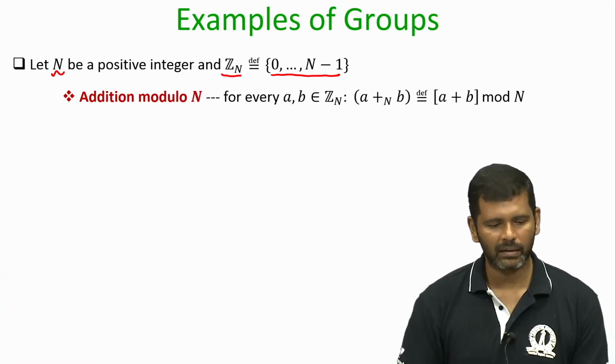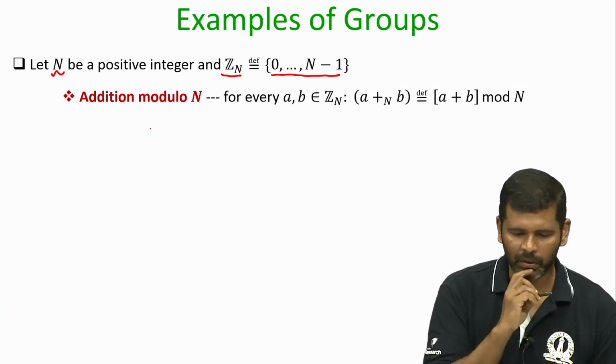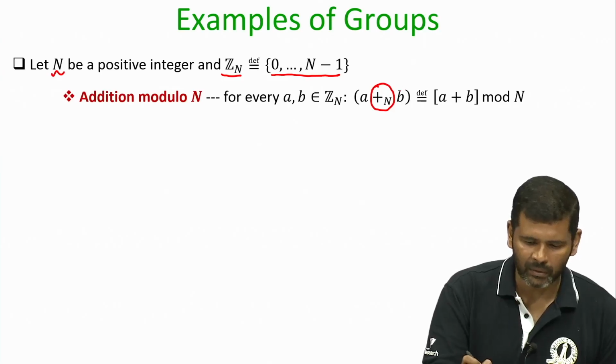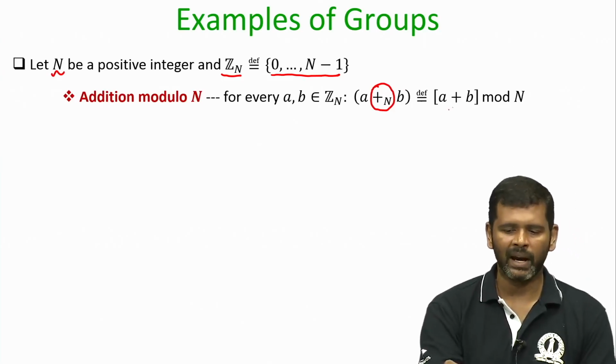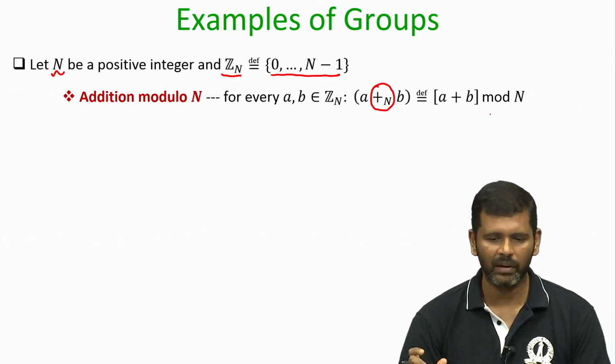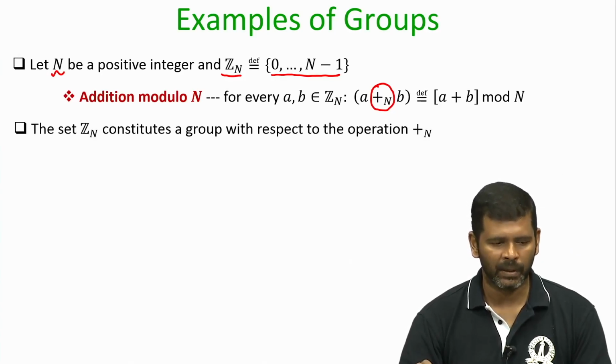Now, I define a new form of addition over this set. I call it addition modulo n, which is denoted by this notation. Addition modulo n of a and b is defined as follows: I add a and b and then take modulo n. The result will be called the result of addition of a and b modulo n.